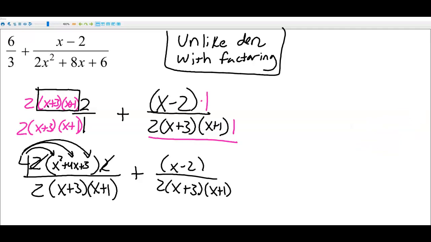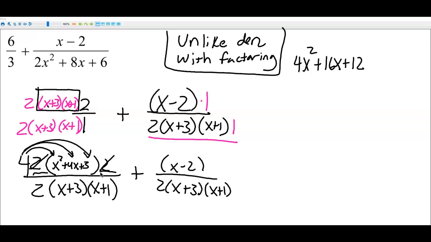So I've got 4x squared plus 16x. I have a 2 out here and a 2 here, and I put them together to make 4. Where did they come from? This 2 came from the beginning problem. It was a 6, but it got reduced to a 2.